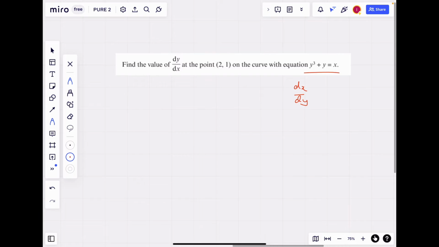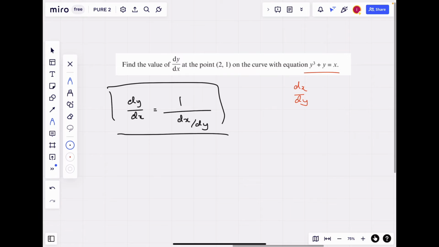But that's not what you want. You want dy by dx. So the rule that you're going to use is dy by dx is equal to 1 over dx by dy. So all I want you to do is differentiate, work out dx by dy, and then flip it upside down. So can you try that for me, please?